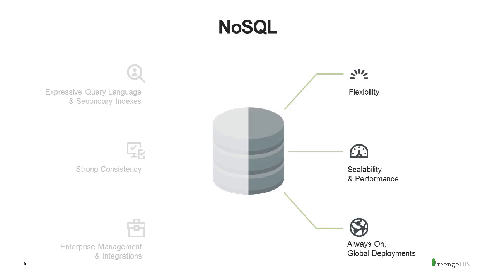So the ability to change what you do on the fly based on changing customer demands, based on changing customer requirements, is one of the number one reasons why people adopt NoSQL in the first place. It's definitely one of the number one reasons why people pick up MongoDB or download it and start working with it.